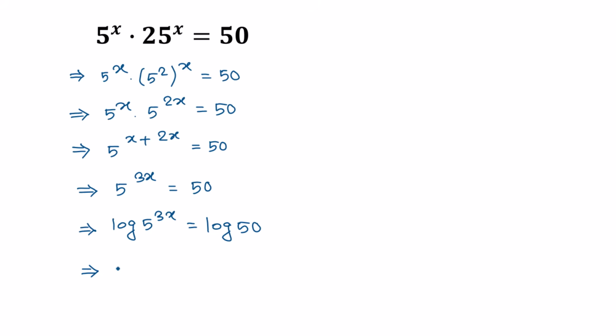So it will be 3x times log of 5 is equal to log, and 50 can be written as 25 times 2, this is 50.